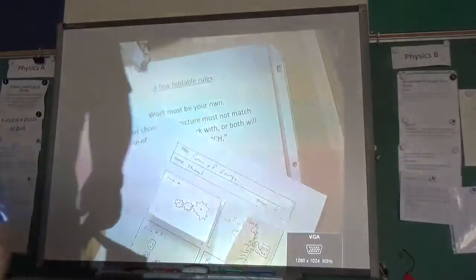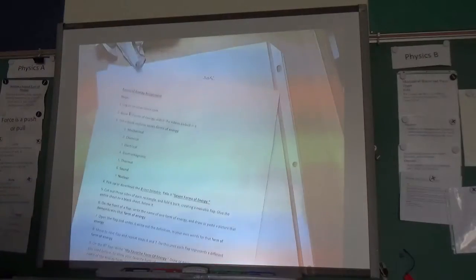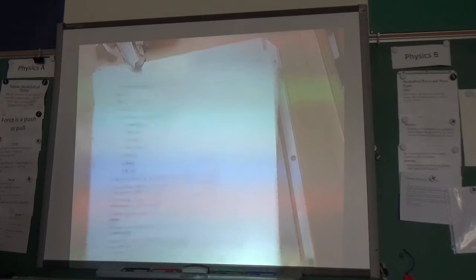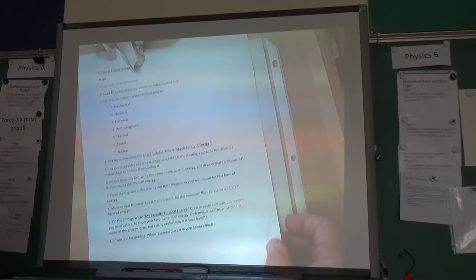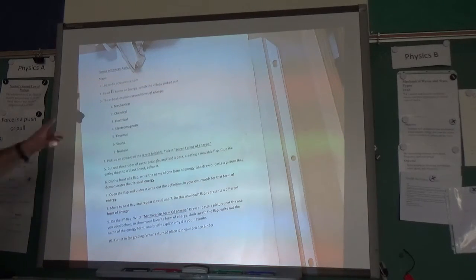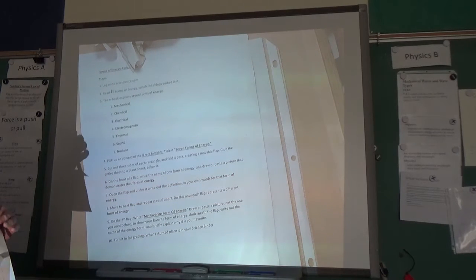Yay! So, you're going to have your little steps. What you're going to do is go back through the ebook and look up the 7 forms of energy: mechanical, chemical, electrical, electromagnetic, thermal, sound, and nuclear.